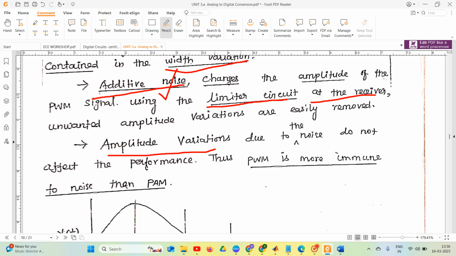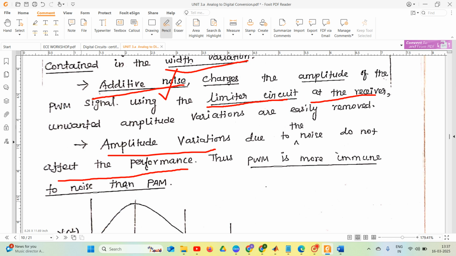Because of additive noise, it varies the amplitude of the pulse width modulation, the PWM signal, but it does not affect the performance of the PWM signal, because PWM is more immune to noise, which means that variation of amplitude does not affect the width of the pulse.